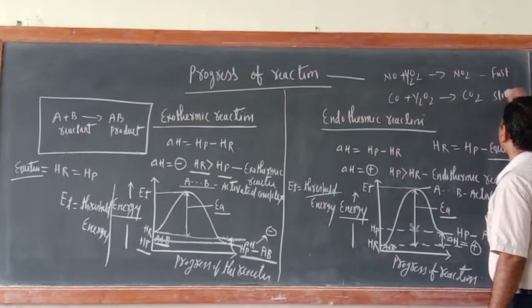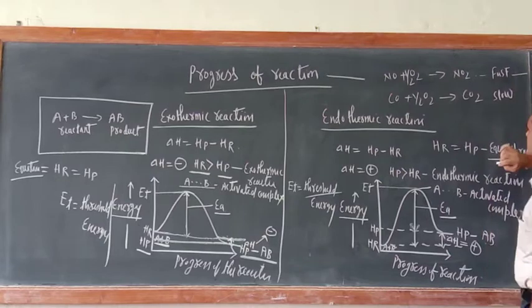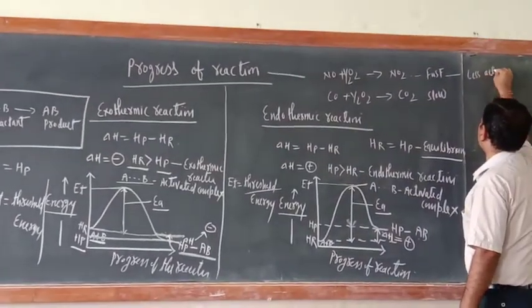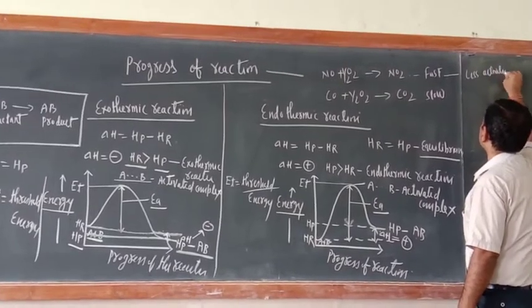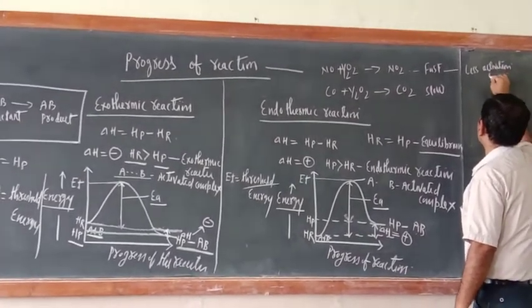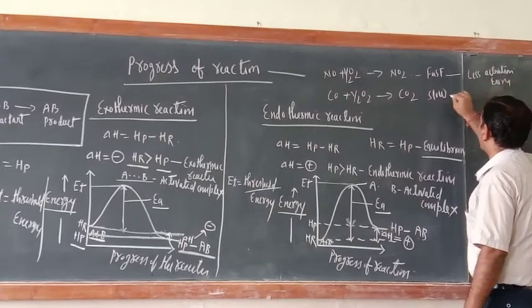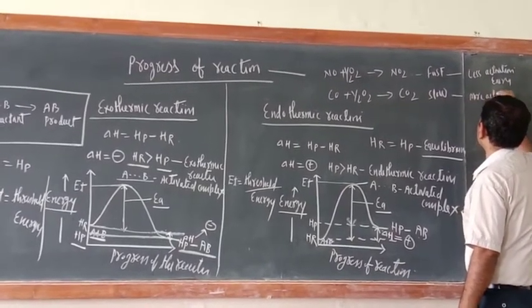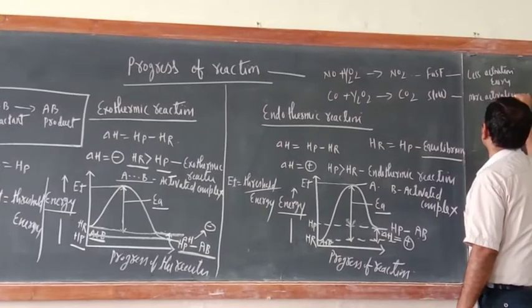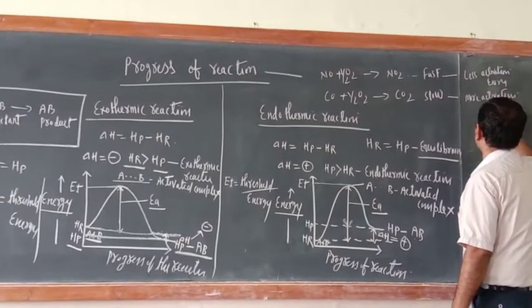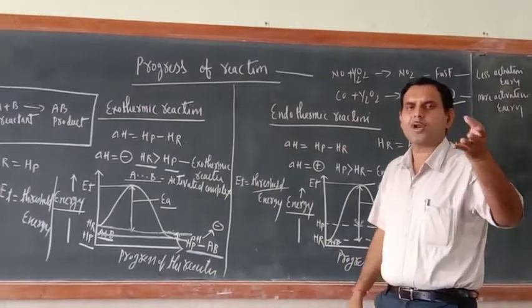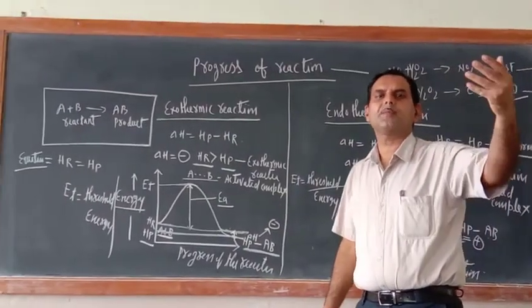What does it indicate? Fast reaction means less activation energy required. And what about this one? More activation energy. Slow means it requires more energy, then only it will be complete.